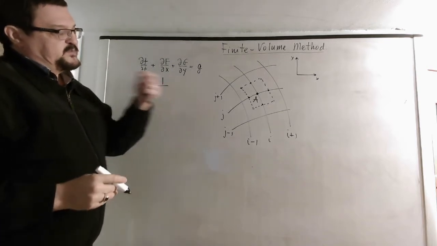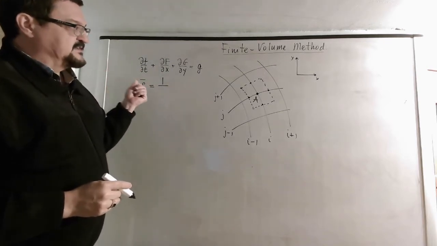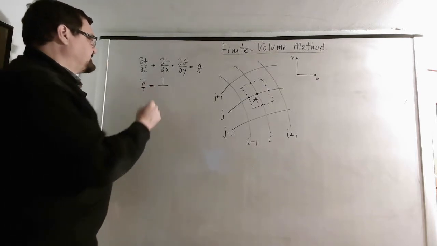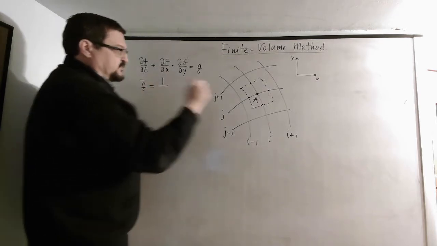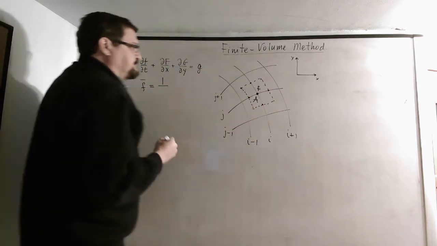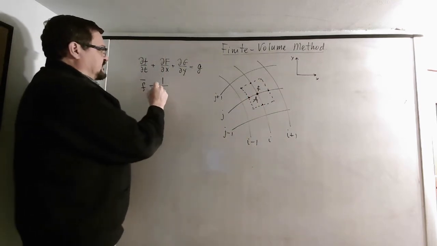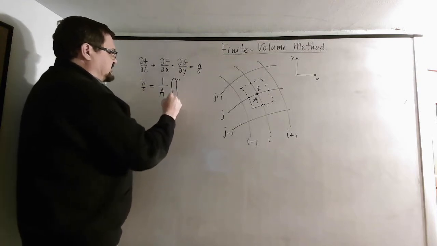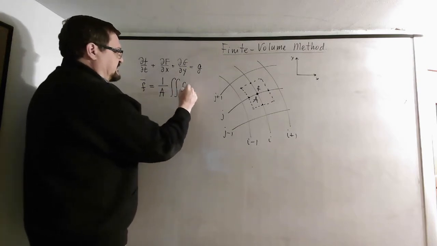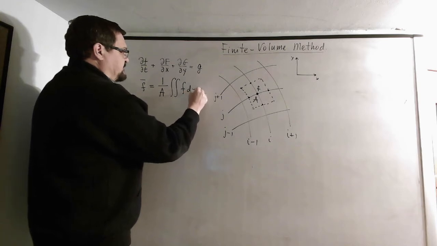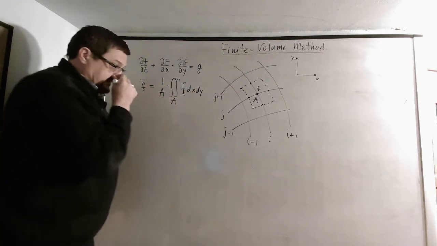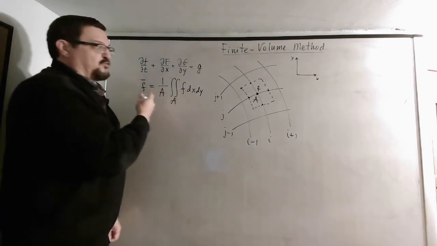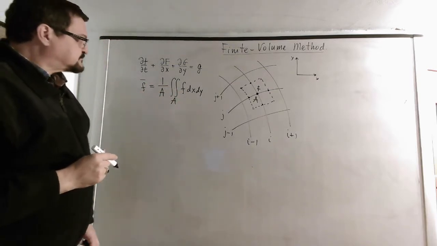Now let's define the average like we did in the one-dimensional case, the average over the grid cell. So the average over this quantity f is equal to 1 over area, double integral of f dx dy, and this double integral is over this area A. So formally, we define it like this.